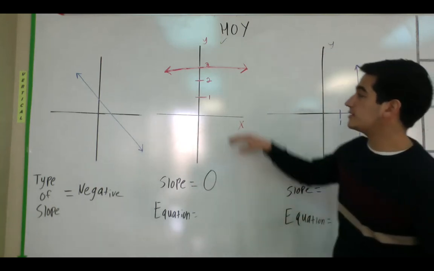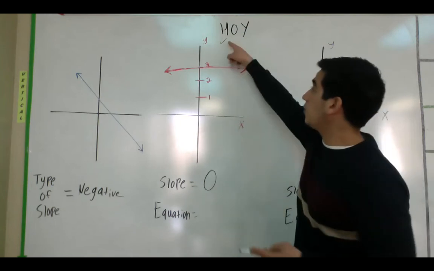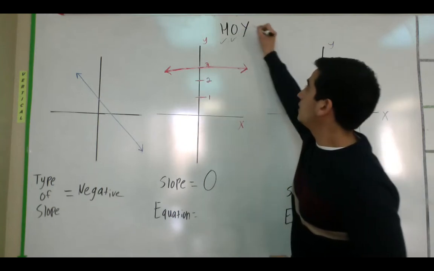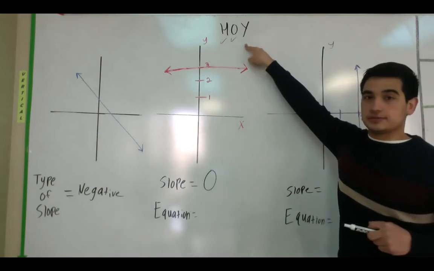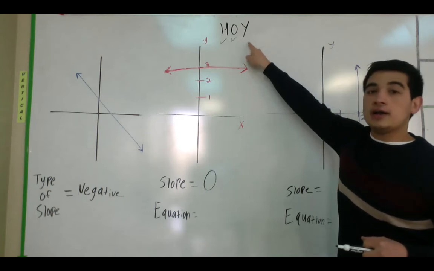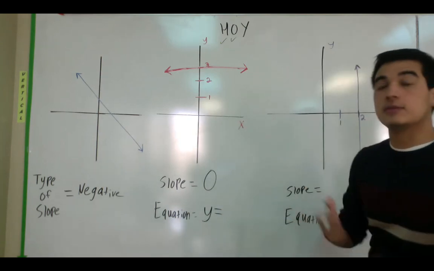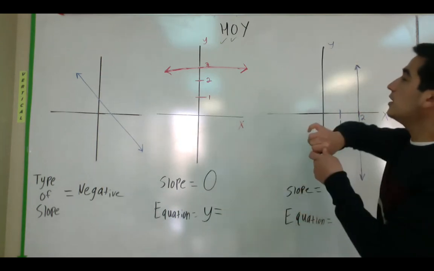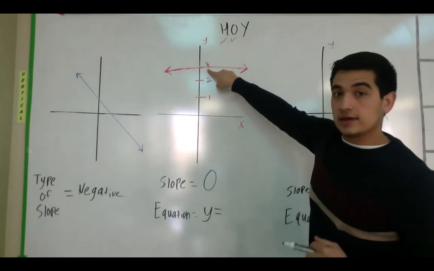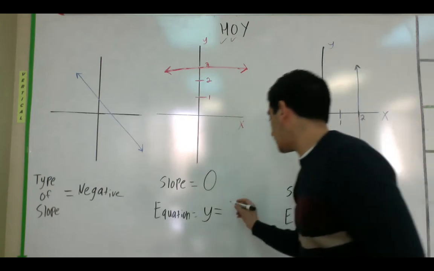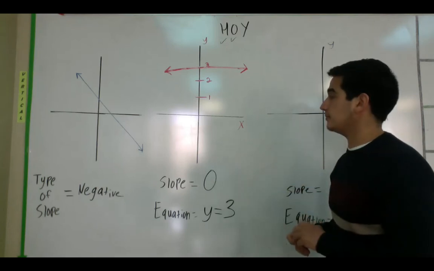So that means that the slope of this graph is 0, okay? Because it's a hoi, because it's horizontal. And again, the Y tells me about the equation. So since I have a Y here, that tells me my equation is going to be y equals some number, right? And to find that number, I look at my y-intercept, and that is 3. So my equation for this line is y equals 3. That's it. You're done.